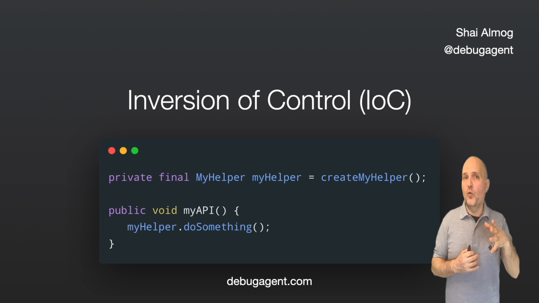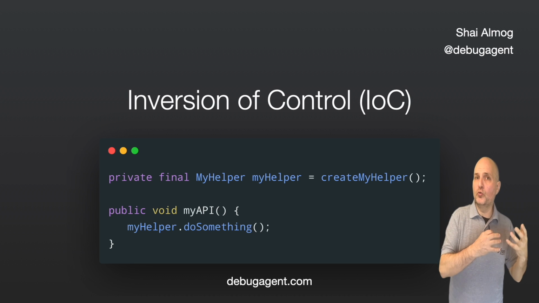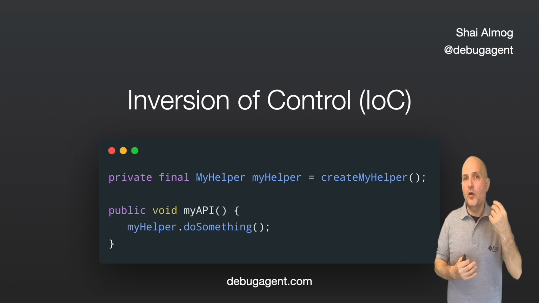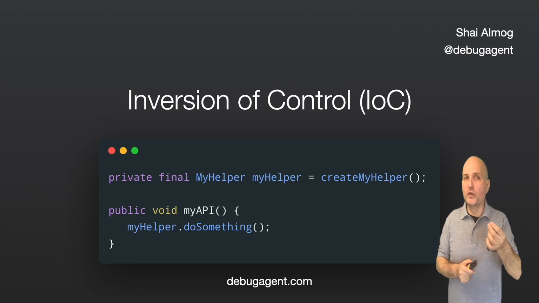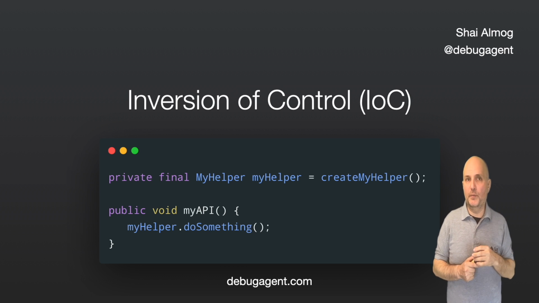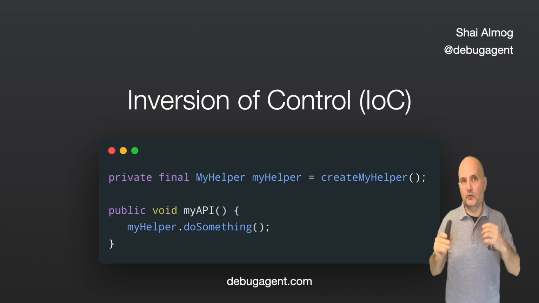But then we need to code all the logic of which instance would be returned in every situation. In that method, the createMyHelper method would need to have a lot of statements to determine how to create my helper. IOC is about removing that noise.